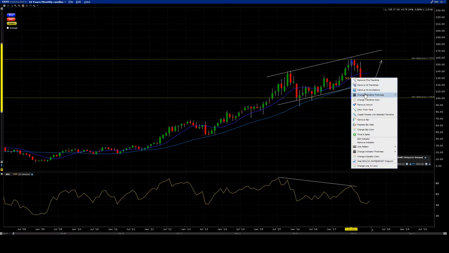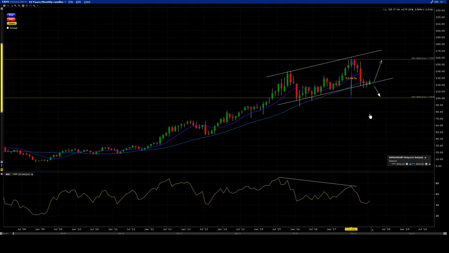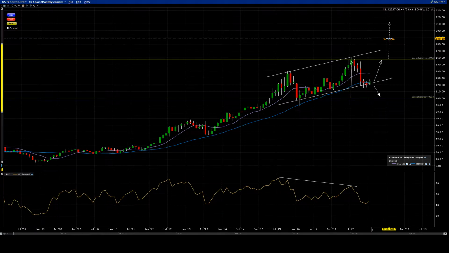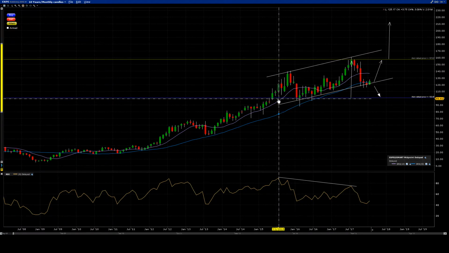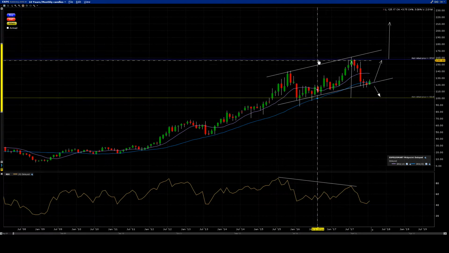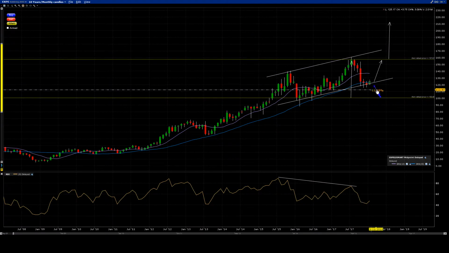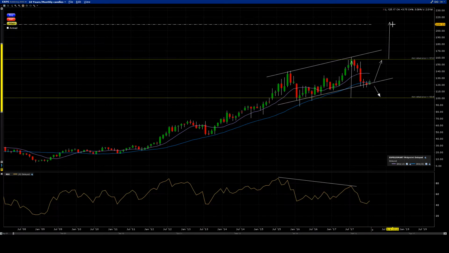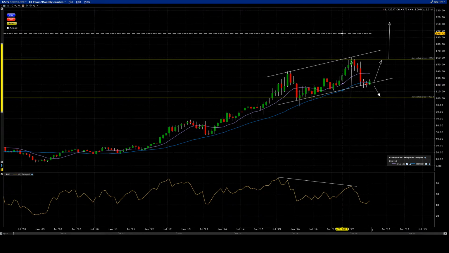So this would be the eventual target if it were to break above that pattern. It would continue here. This would be the implied move all the way to 213.